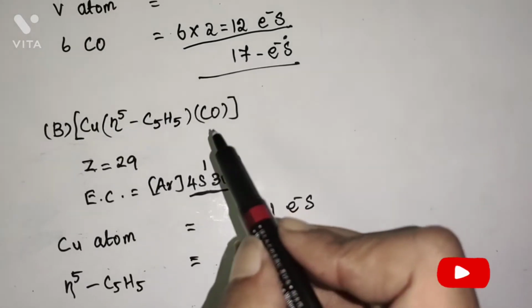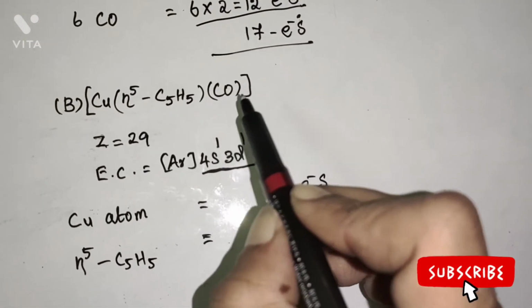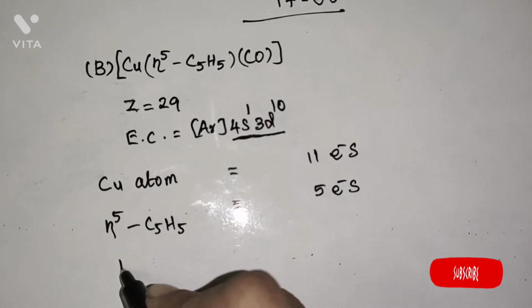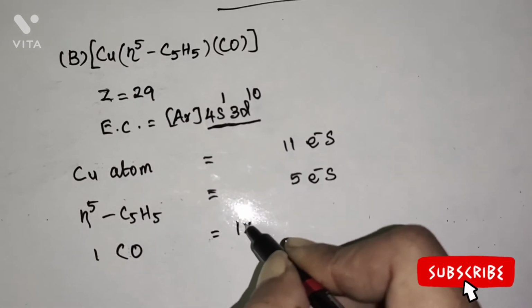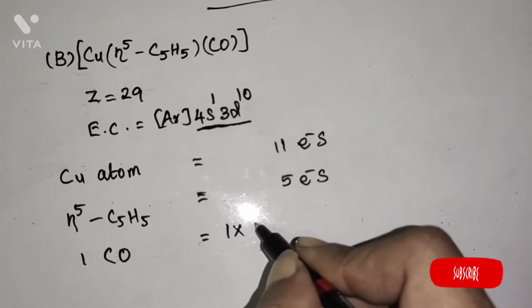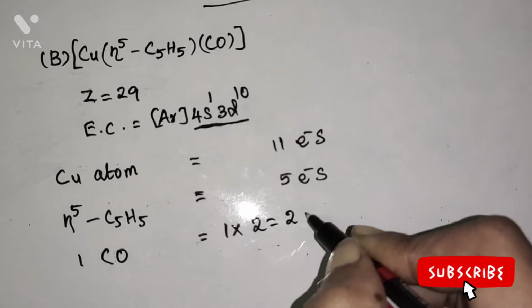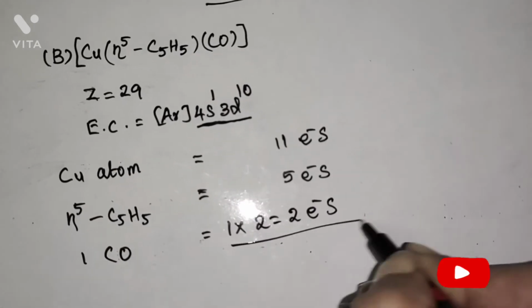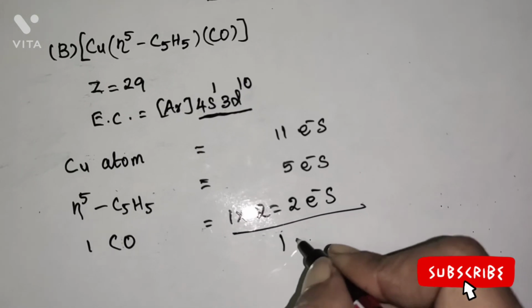One carbonyl group is present, giving 2 electrons. The total electrons present in this compound is 18 electrons.